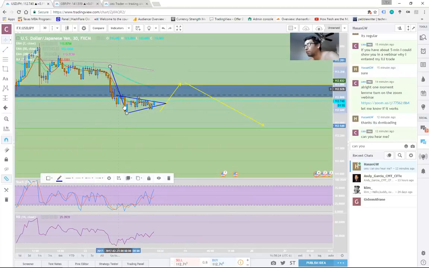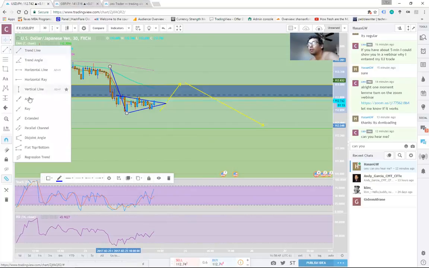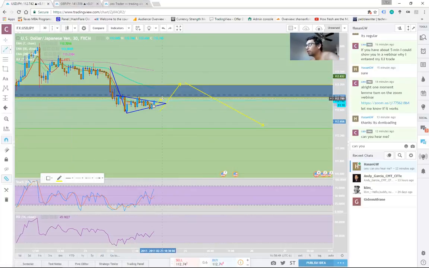This is the flagpole. It's abstract, and then this is the pennant, and it looks like it's a wedge as well, and it looks pretty lateral. It doesn't, to me, in my opinion, look like it's pointing directly down or directly up. No. I think you should watch price and wait for something like this.